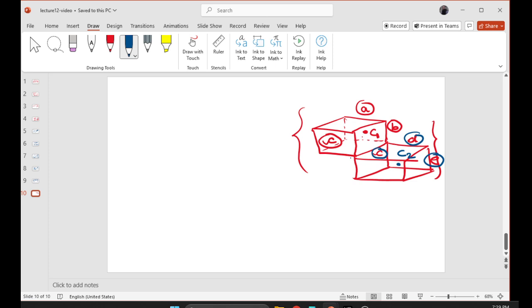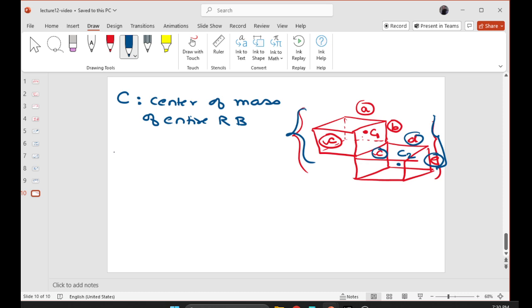And now I am being asked to find the location of center of mass of the entire RB. Entire RB means this whole thing. Can we use the information about the known locations of C1 and C2 to find C of the entire RB? The answer is yes.